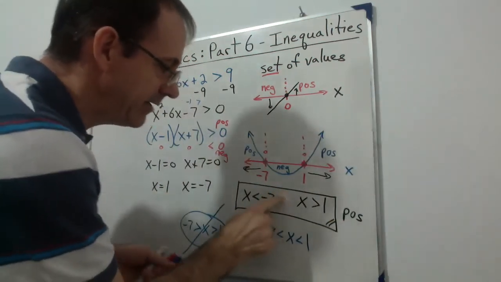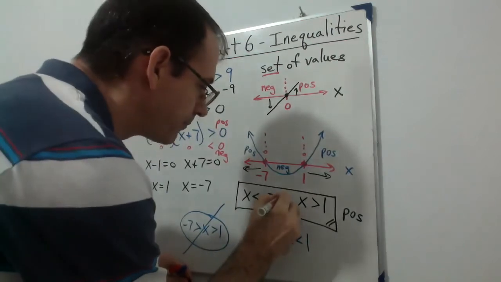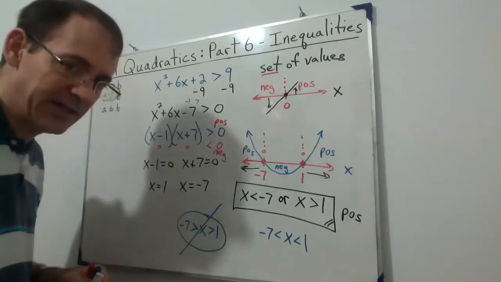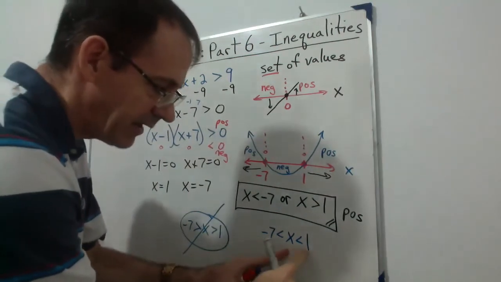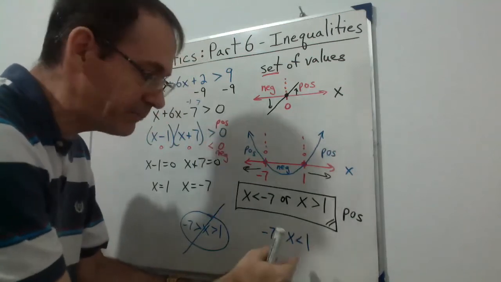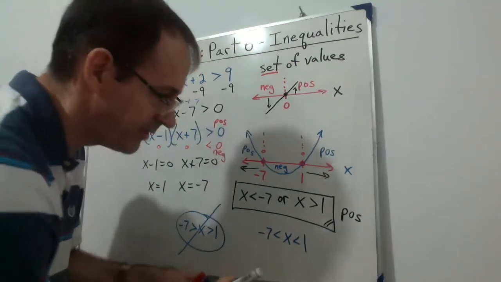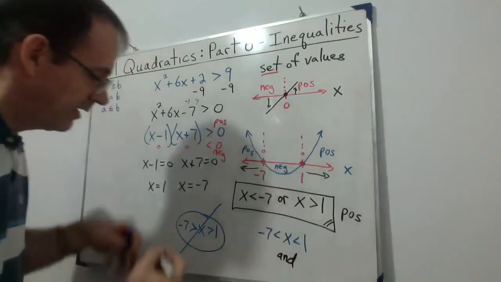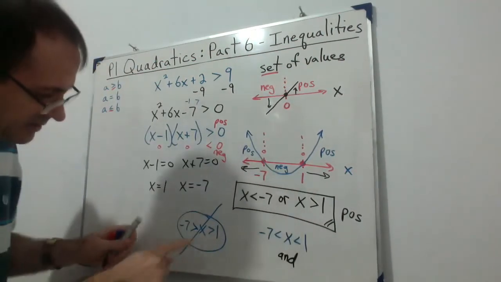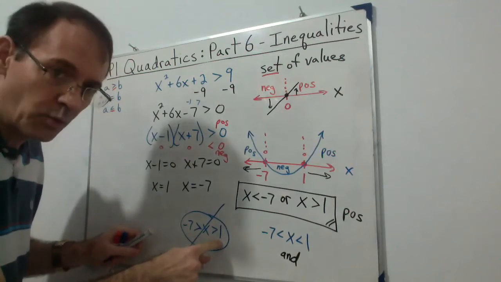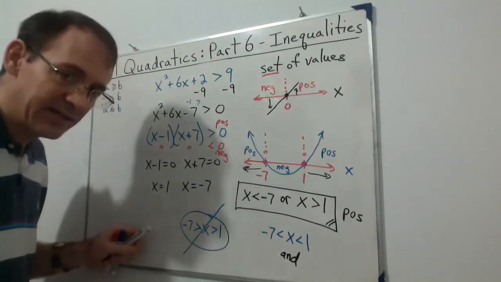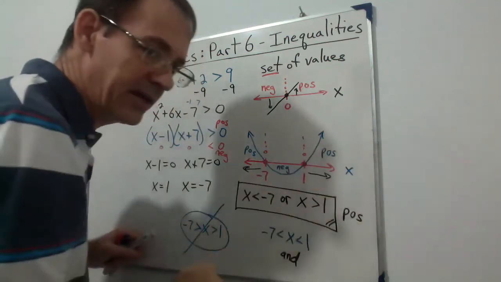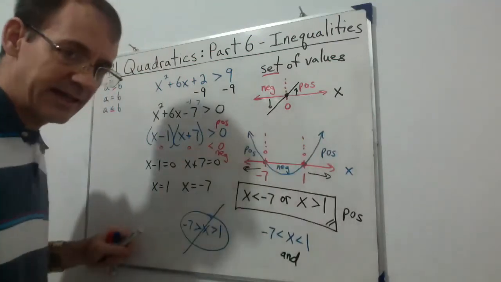I put and in here; technically, it should be or. And this is an and statement. When the two are together, it means it is less than 1 and at the same time greater than -7. An and statement means both have to be true at the same time. If you write it like this, you cannot be greater than 1 and less than -7 at the same time. It's actually an or statement. You're either greater than 1 or you're less than -7.